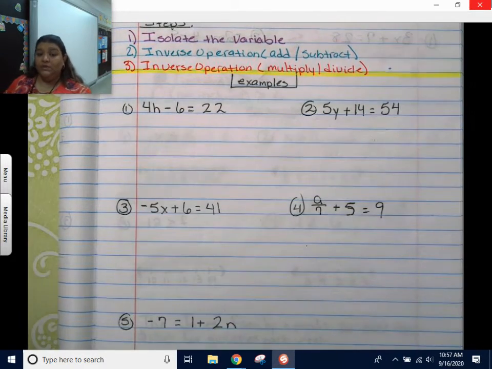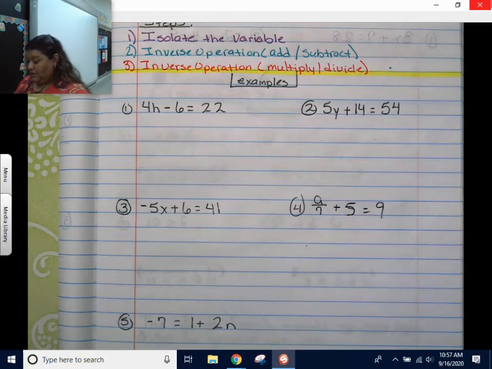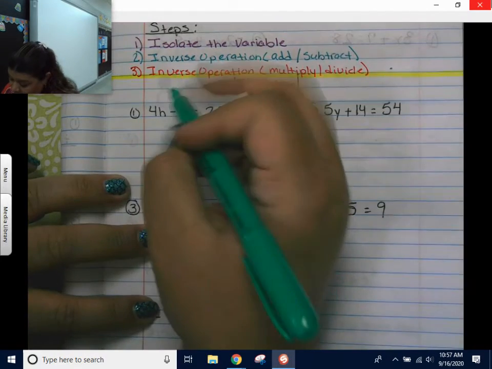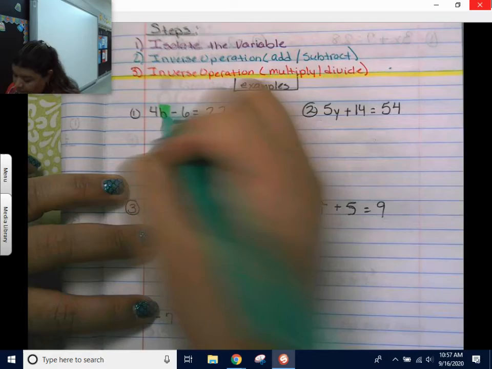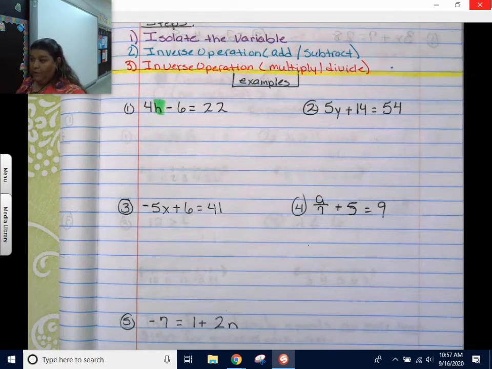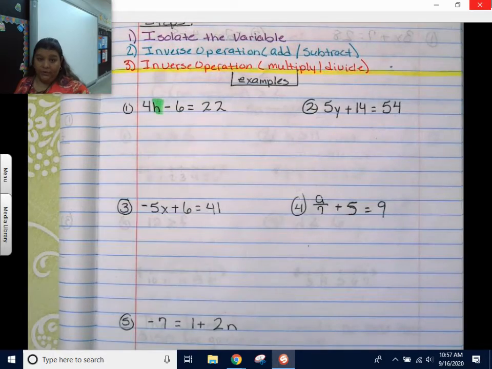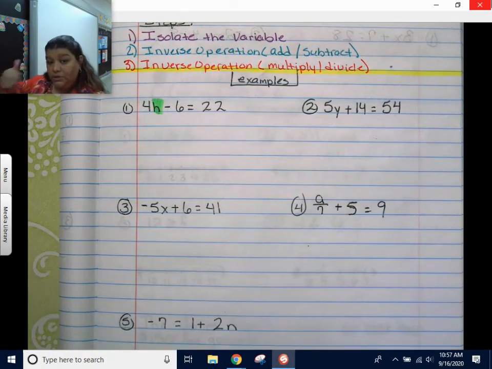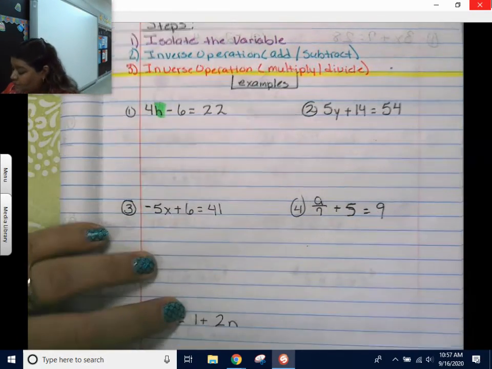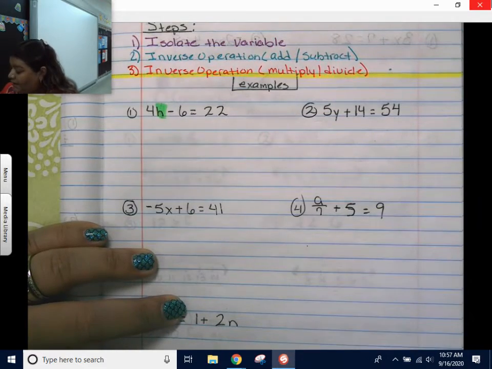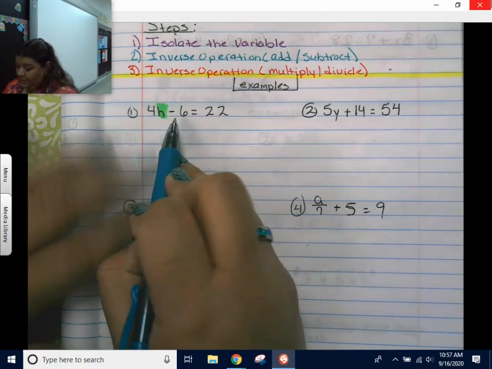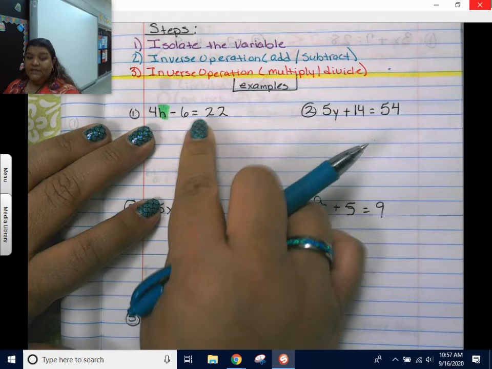So we're going to undo this problem by working backwards, all right? So I'm going to isolate this variable h. And if I'm doing order of operations backwards, subtraction will come before multiplication, okay? Because I'm going backwards, I'm undoing everything, okay? In this step, I'm going to go ahead and get rid of the 6, okay?